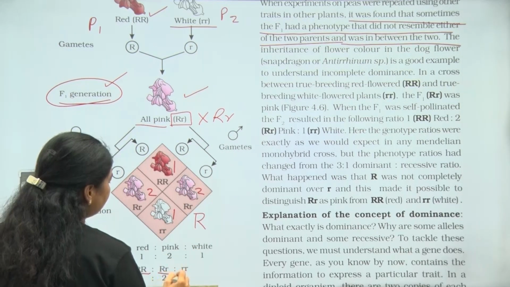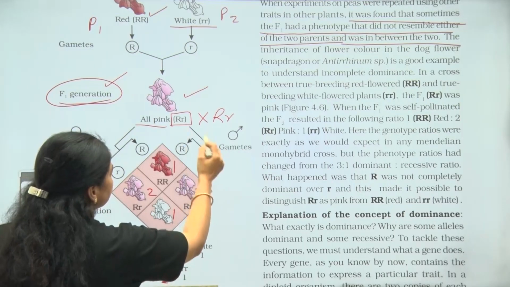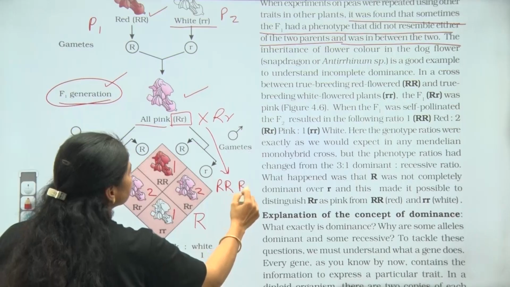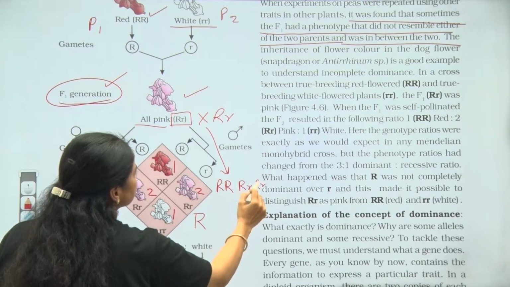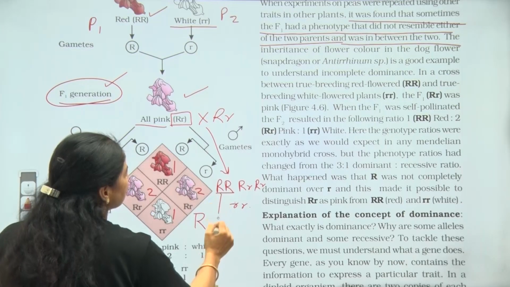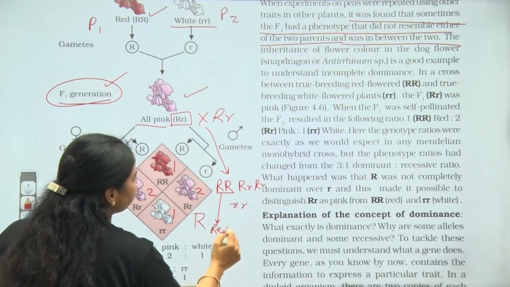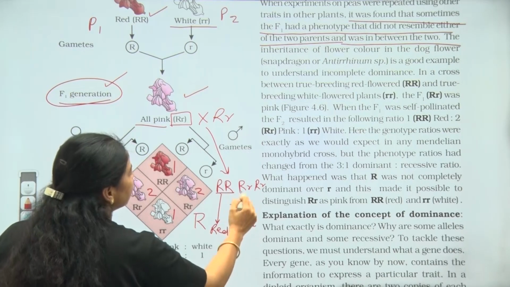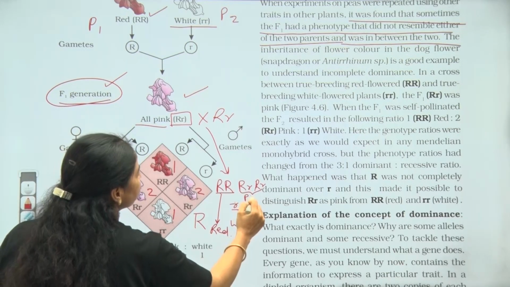RR, Rw heterozygous condition, and ww homozygous. So this is red 25%, this is white 25%, and this is pink 50%.